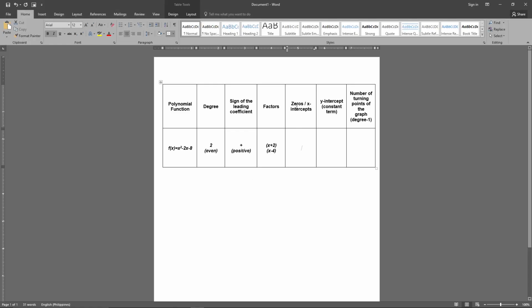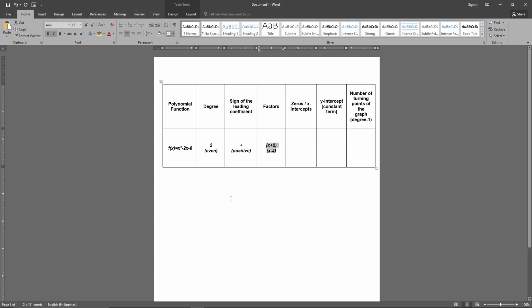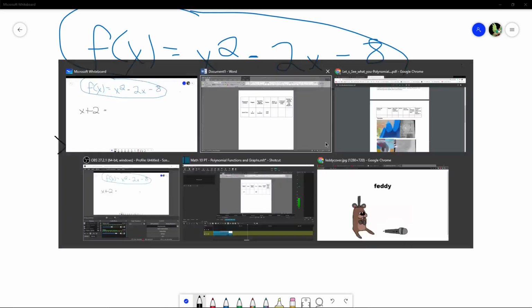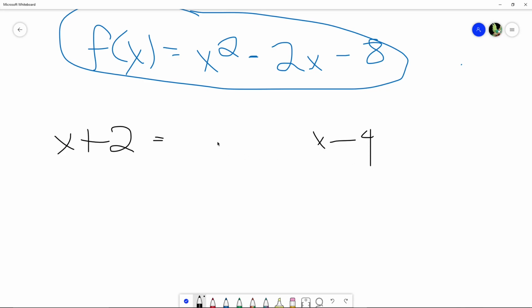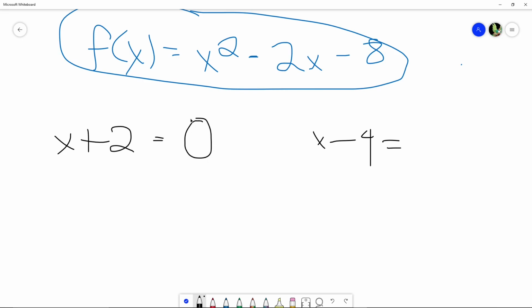In order to find our zeros, or our x-intercepts, we make use of our factors. We write x plus 2 and x minus 4. To convert these into zeros, we set them equal to 0.